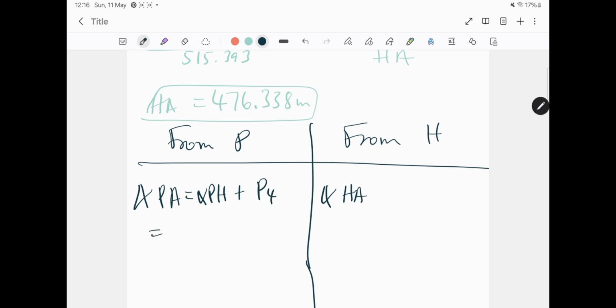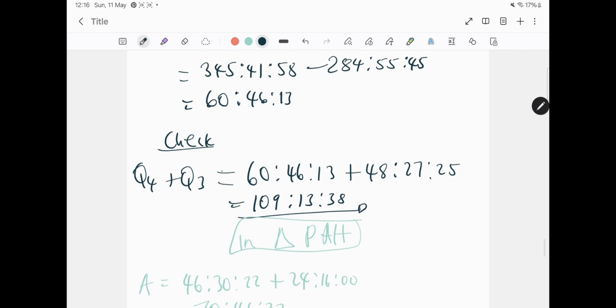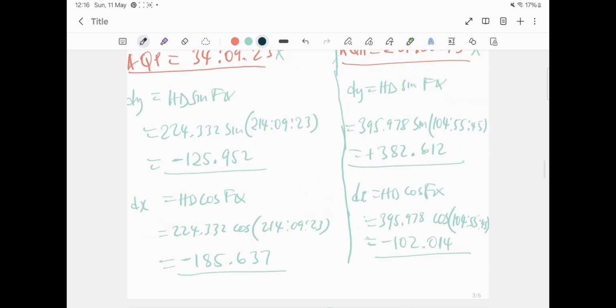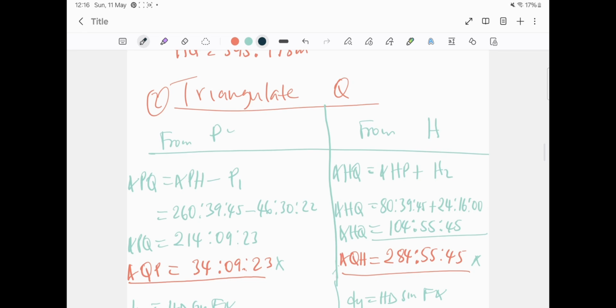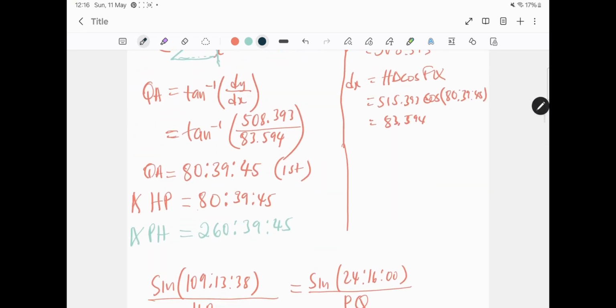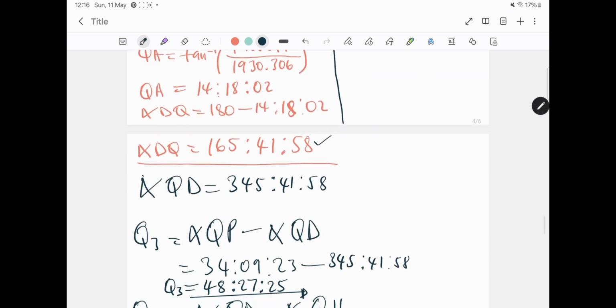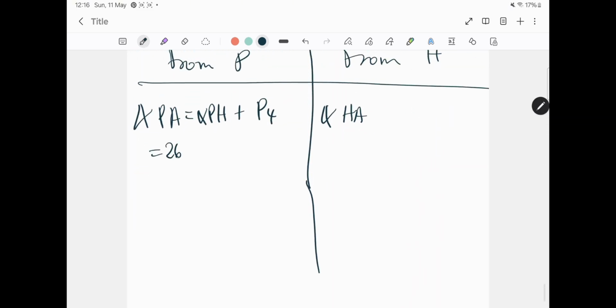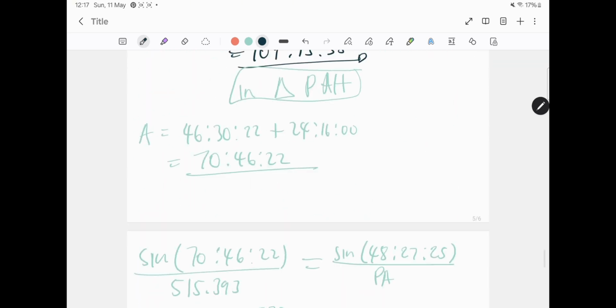So it equals, so what is our PH? Let's look at our bearing PH. We found it somewhere. So PH, yeah, it's 260, 39, 45. So it's 260, 39, 45 plus P4.